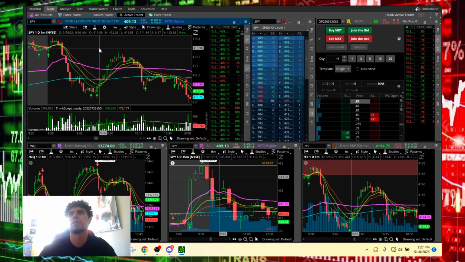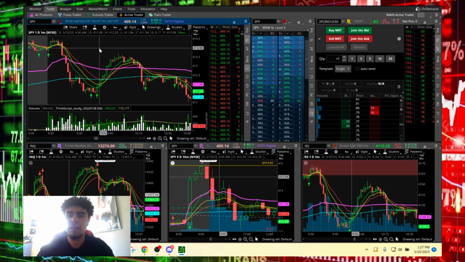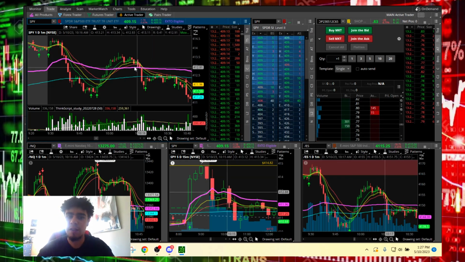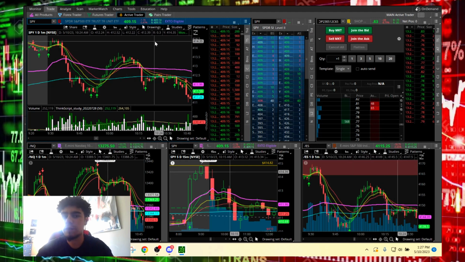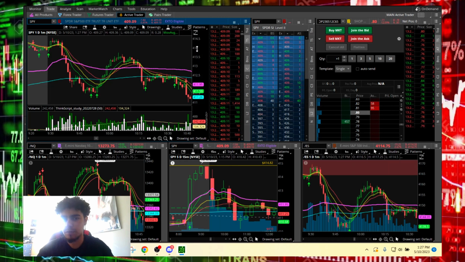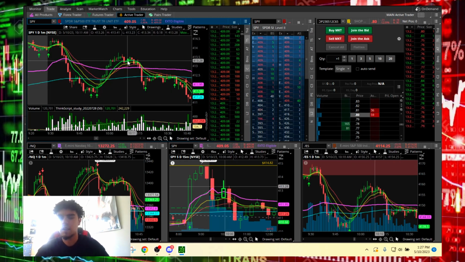So pretty much think about it like, since these contracts are expiring today, let's say SPY closes the day at 415, all these contracts below, the puts, the 414 puts, 413s, 411s, 412s, those all have to expire at 0 because they're worth nothing.